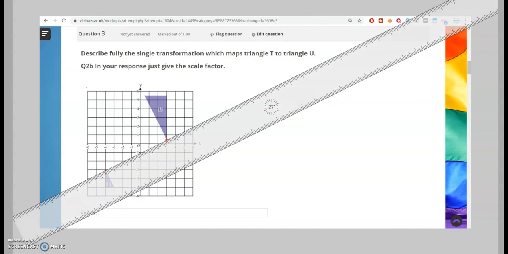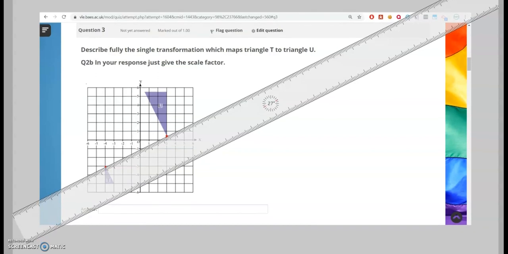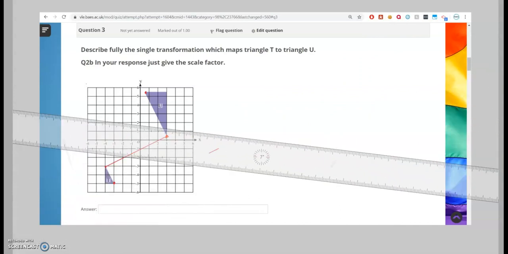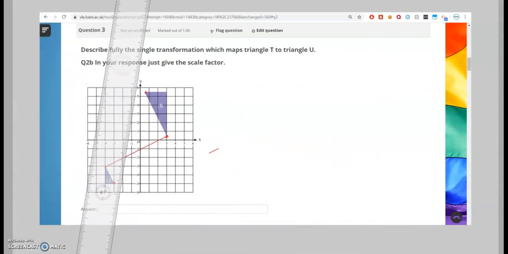So we're going to find the center of enlargement at the same time as the factor. So we'll connect these two together by drawing a line, and then we have this corner being shown here. So we'll connect those two together.